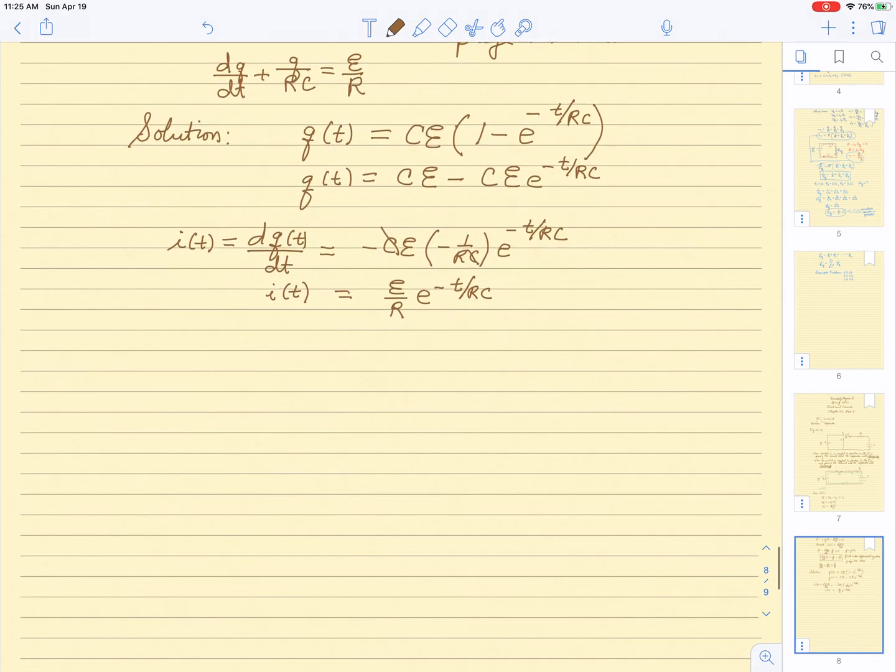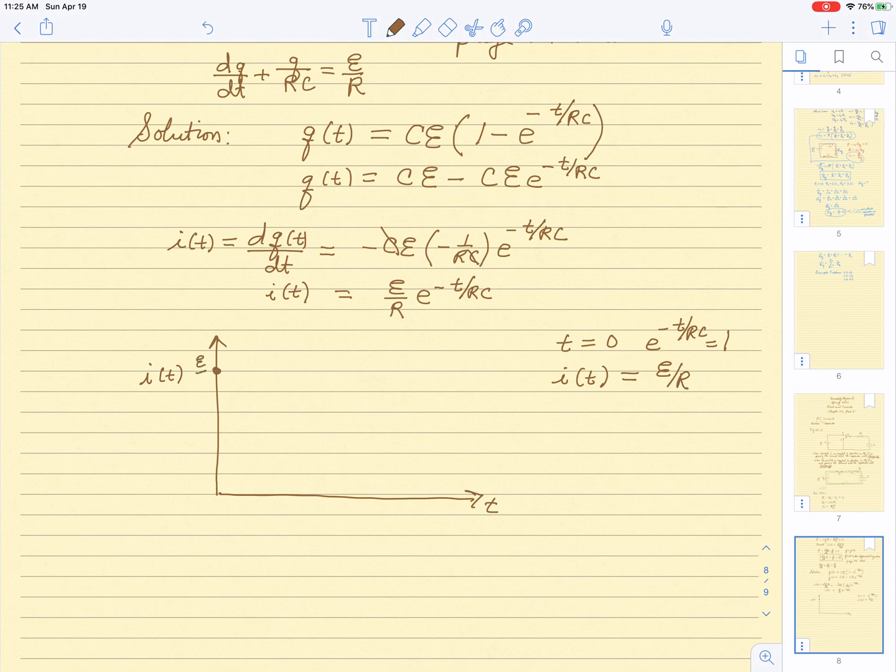Now, if we were to plot that out, here's time, here's the current. When time is equal to 0, then e to the negative t over RC is equal to 1, and so the current is going to be equal to E over R. So here it is here.